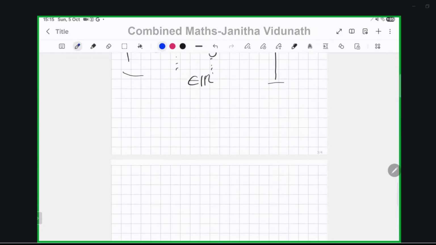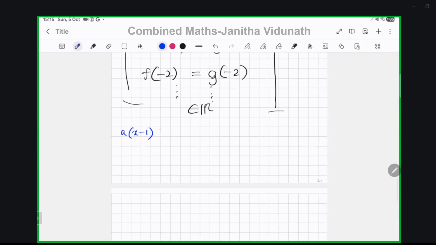On that day, our question was a times (x minus 1) times (x minus 2) plus b times (x minus 3) times (x plus 1) is identical to x square minus x plus c.